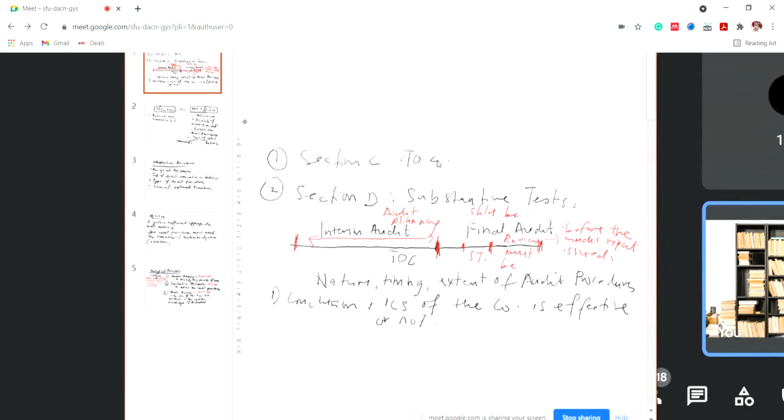So it happens on 1st January, let's say 2020, 31st December 2020. The financial statement, the complete one, is not yet prepared. So you use Q1, Q2, Q3 and Q4 information.